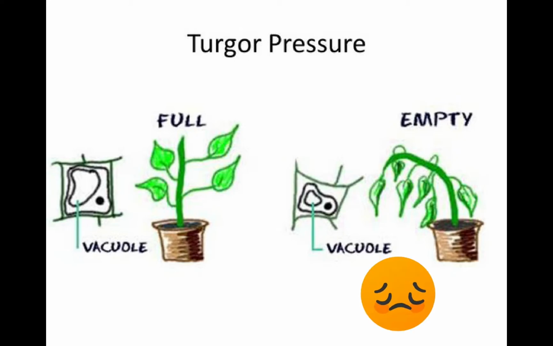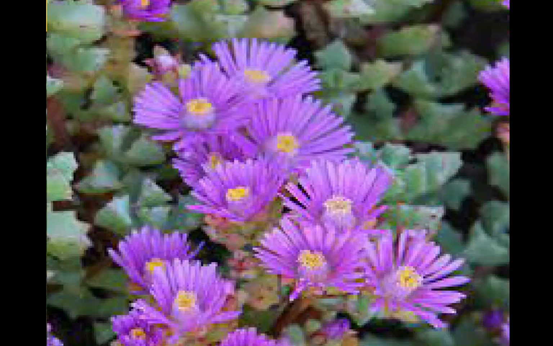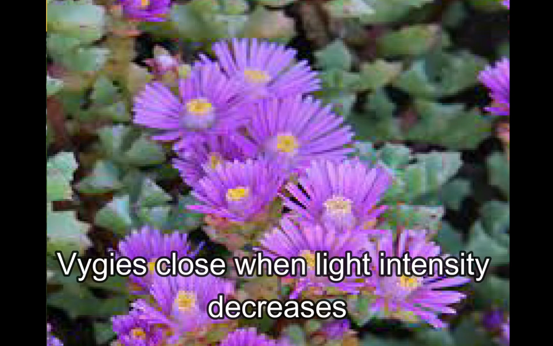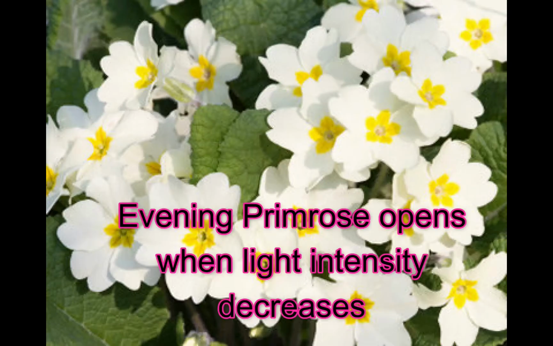And this can result in the loss of water from the plant cells, causing the flowers and the leaves to start wilting. Now, some flowers, like the veggies, they tend to close if the light intensity is decreasing. But the evening primrose will open if the light intensity decreases.